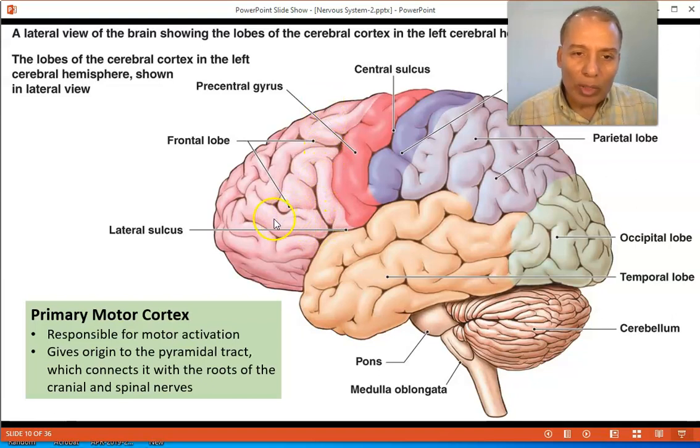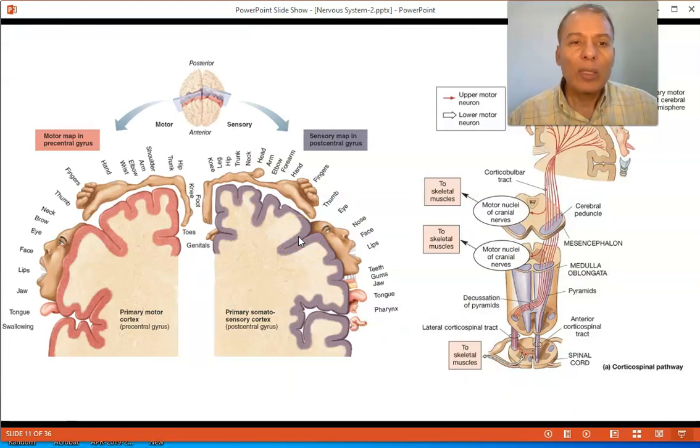And here is Broca's area. It is in the left inferior posterior part of the frontal lobe, in front of the foot of the premotor cortex.